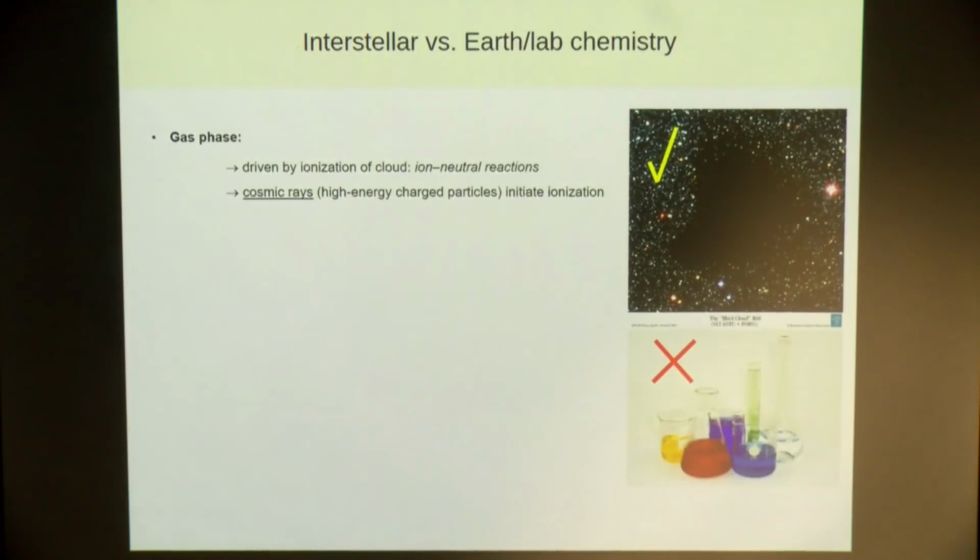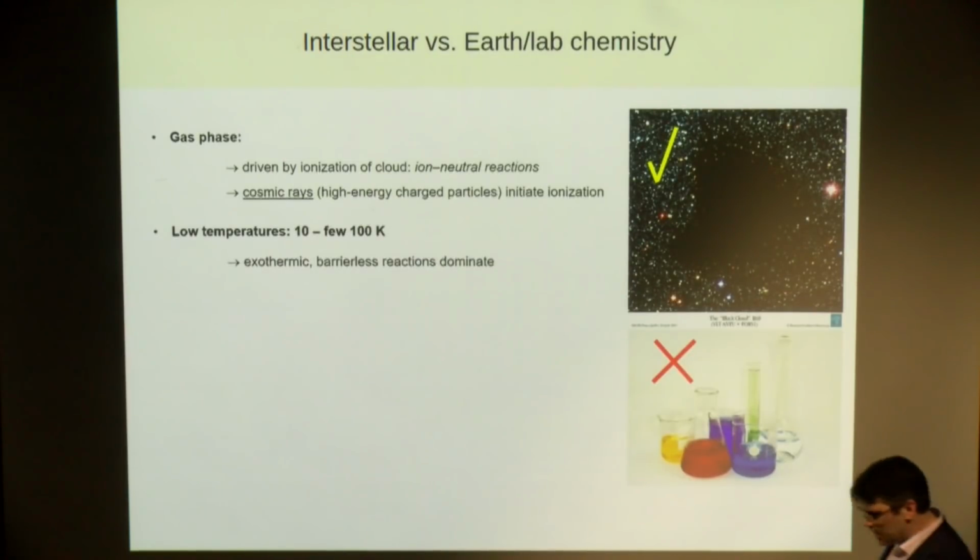These are high energy charged particles that typically will collide with H2, which is the major component of these dense interstellar clouds. This ionization passes gradually through the chemistry and allows a more complex chemical composition to evolve. The temperatures, though, are very low.